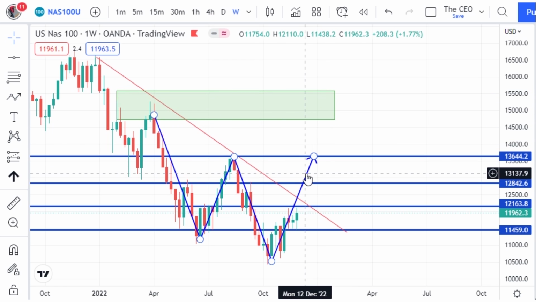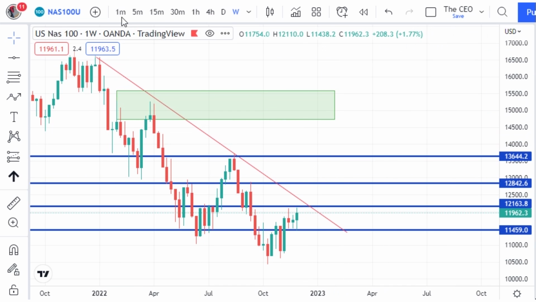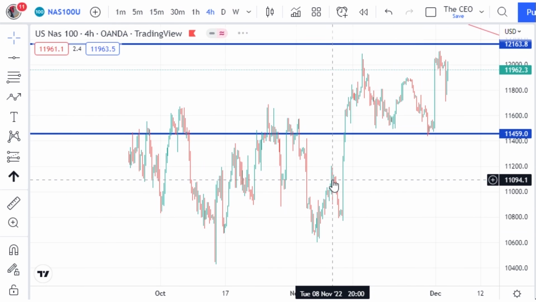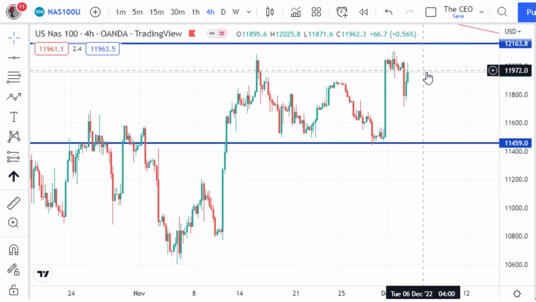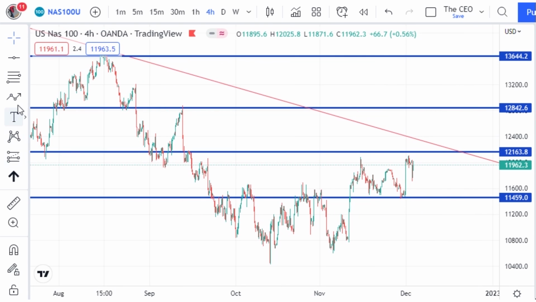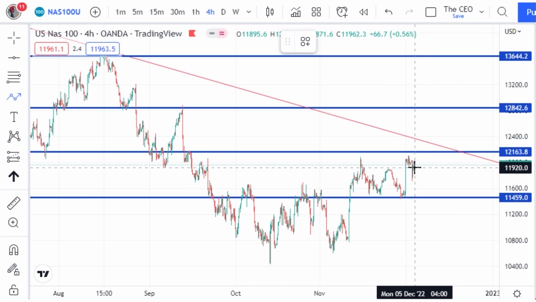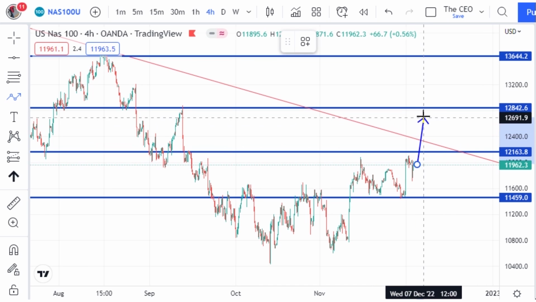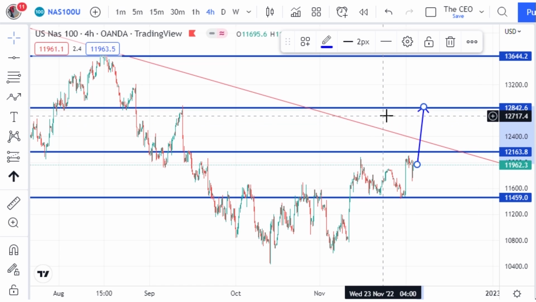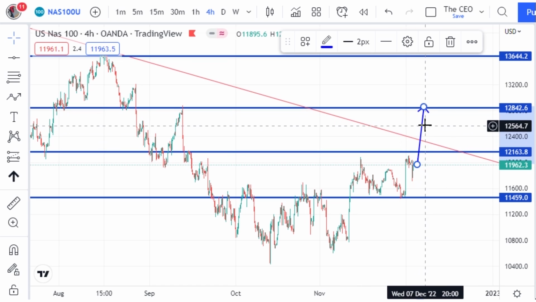For this coming week, we can't really be so sure how the market's gonna play out, because the market is still trying to break to the upside. So this is what we think it might do. From where it is, it's just gonna hit towards this level here, 12,842. That's the level that the market might be going to reach for.